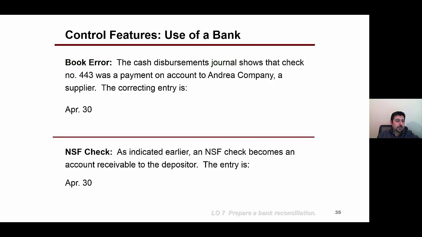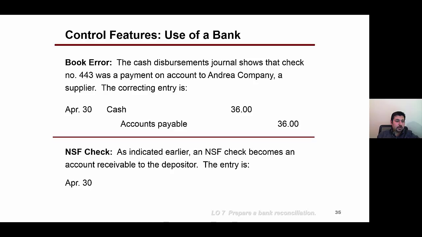Now the journal entry for the bank error, where we added the amount to the check, will be to debit, because we need to increase cash by $36, we debit cash $36 and we credit accounts payable $36, because the company at this point thought that they paid $36 more of their liabilities, but they did not.